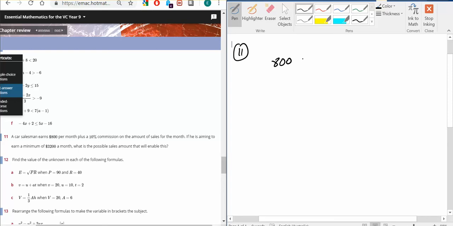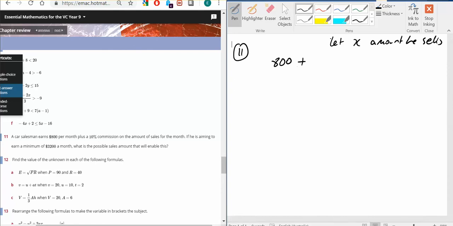So he gets 10% of whatever amount he sells. Okay, so let x be the amount he sells. If he's selling cars, we're not talking about how many cars he sells.